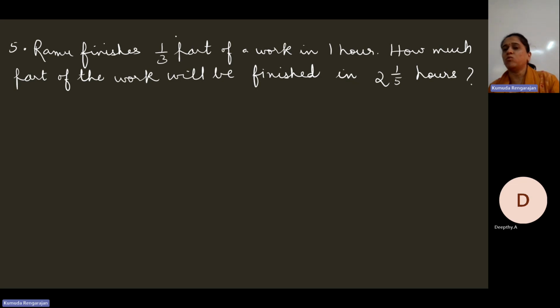Like you're able to walk 5 kilometers in 1 hour. Then in 3 hours, how many kilometers can you cover? 5 into 3, 15 kilometers. So it's multiplication, right? In 1 hour, so much work. In more hours, multiplication.